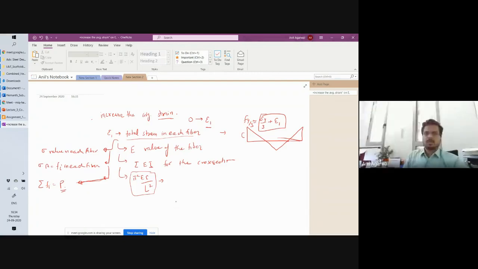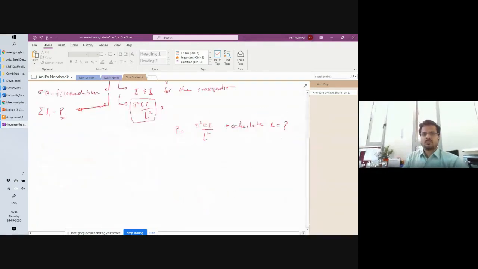So what you need to do is balance P equal to pi square EI by L square, and from there calculate L. Then what it means is that the column capacity basically is, if you want to plot, initially your strain was 0, and suddenly you increase the strain to a certain level, and what you will get is L here, and your P that you got somewhere here.